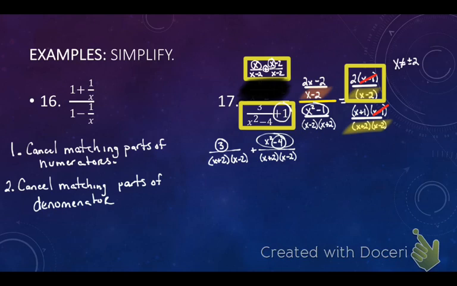So, matching parts of the denominators, I have an x minus 2 and I have an x minus 2. Step 3, multiply outside parts.